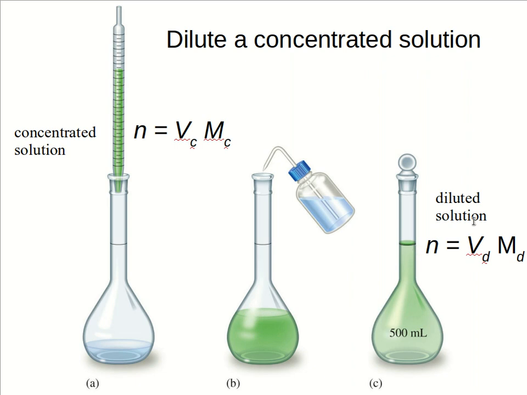And then you have a diluted solution. The moles haven't changed, but the volume of the diluted solution is known because it says so on the flask, and the molarity you can calculate now, because you know the moles and the volume. Cool. We know the molarity of the solution we made.